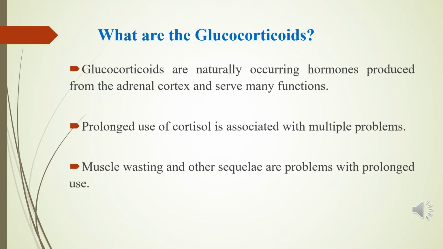Prolonged use of cortisol is associated in many cases with multiple problems due to effects at the genetic and biochemical levels. Of these problems, muscle wasting and other sequelae are problems that arise with prolonged use of cortisol as a drug.